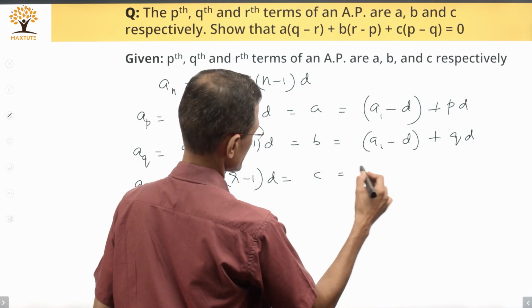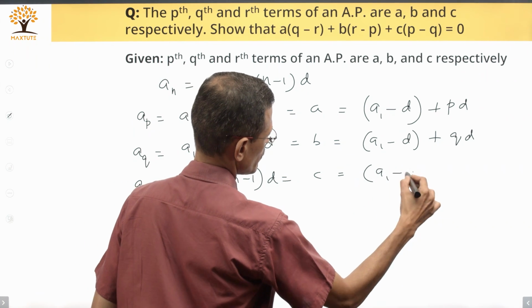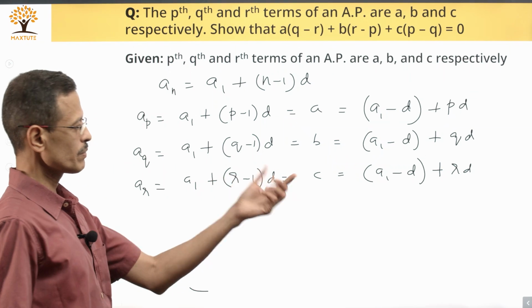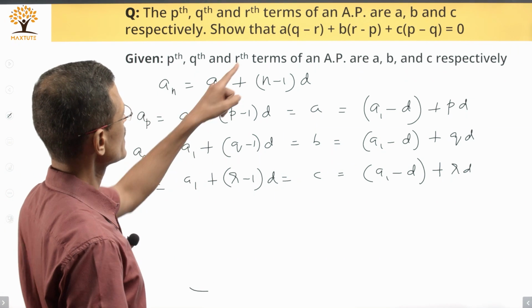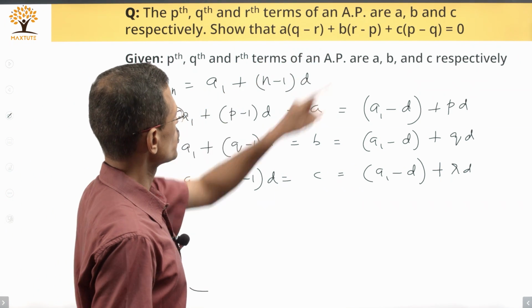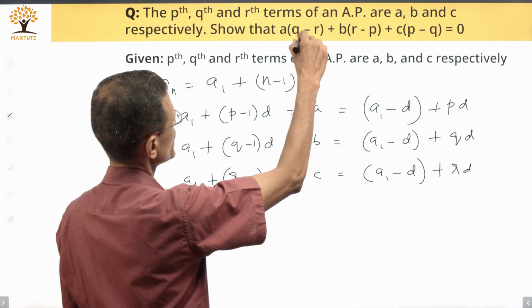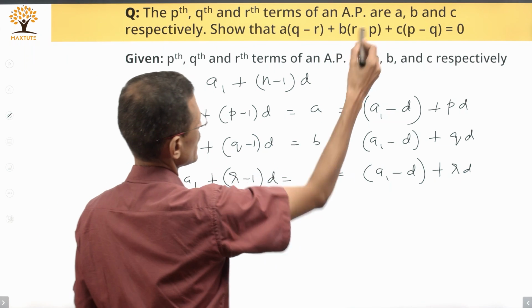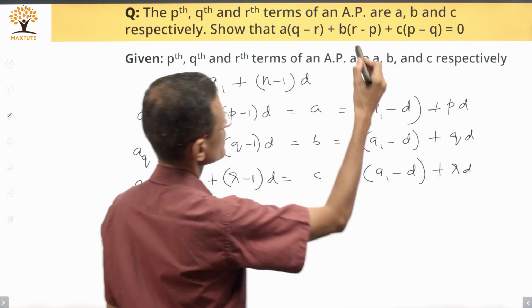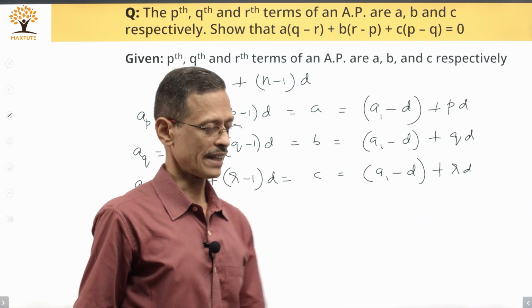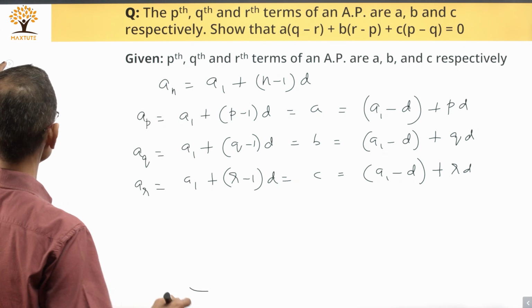So, this I am going to write again as (a1 minus d) plus rd. Now, what do we have here? We will have to prove a into (q minus r), where a is nothing but (a1 minus d) plus pd, plus b into (r minus p), b is this expression, and c into (p minus q), c is this expression. Let us take all of this to the next slide and then work there.